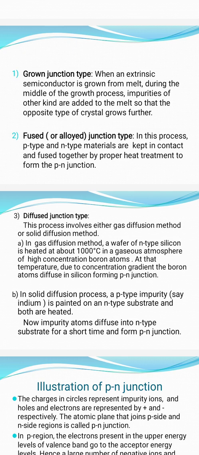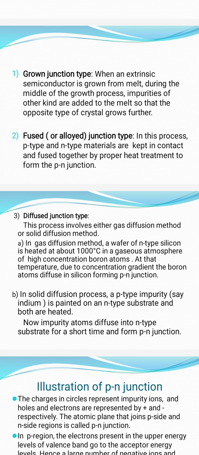Next, the diffusion junction method. In this method there are two types: gas diffusion and solid diffusion. In the gas diffusion method, we take an N type semiconductor and heat it in a gaseous atmosphere, a boron gas chamber. When we heat it, some gas molecules diffuse into the molten portion and form the PN junction.